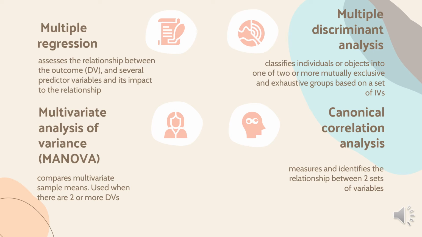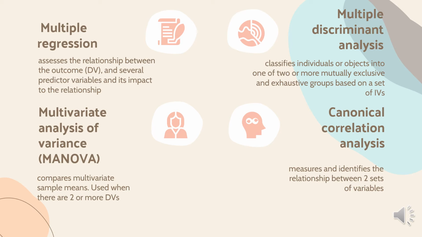It will compare whether the new combination differs by the different groups or levels of the independent variable. So MANOVA tests whether or not the independent variable explains a significant variance of the dependent variable.